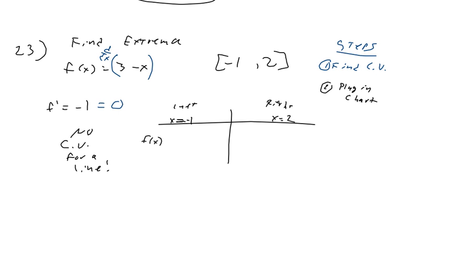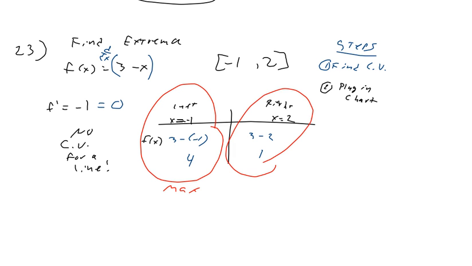-1, 3 minus -1, that's going to be 4. 2, 3 minus 2, that's going to be 1. Okay, max and min. Done. And it makes sense.